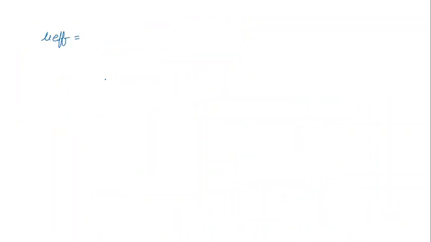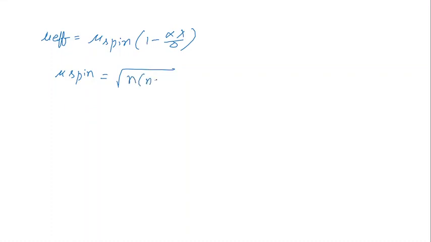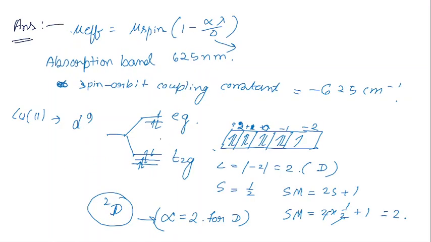Now this is the formula. The spin-only magnetic moment equation is mu spin equals root of n into n plus 2 Bohr magneton. This is due to only the spin contribution. How many unpaired electrons do we have?